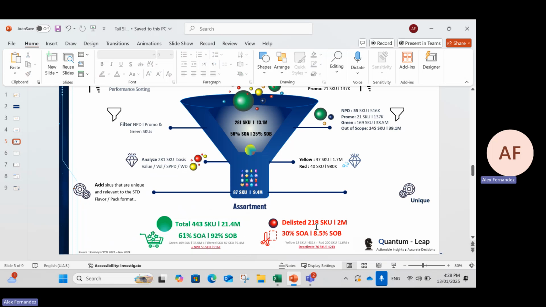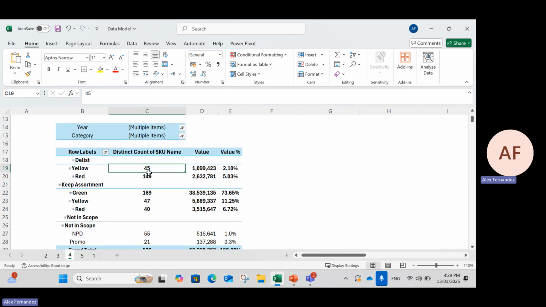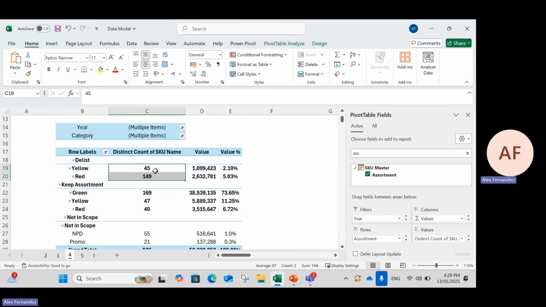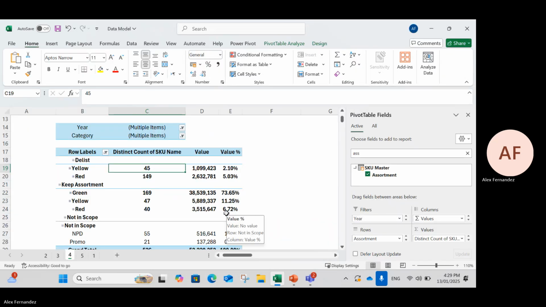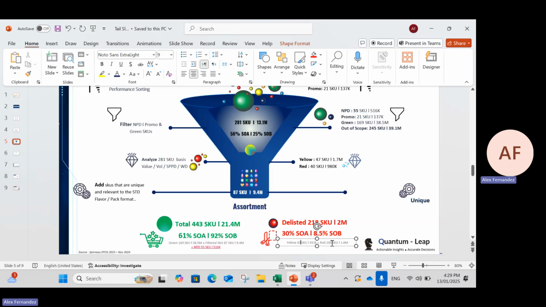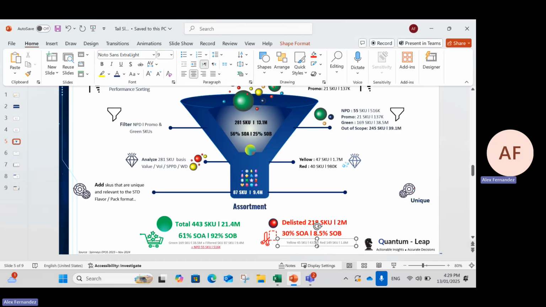And then for the delisted, it's only yellow, red, and if there is any deactivation. In this exercise, there is no deactivation. So let's look at the yellow and red where we delisted. We delisted 45 yellow, and 149 red. For the value, the 45 yellow is 1.1 million.